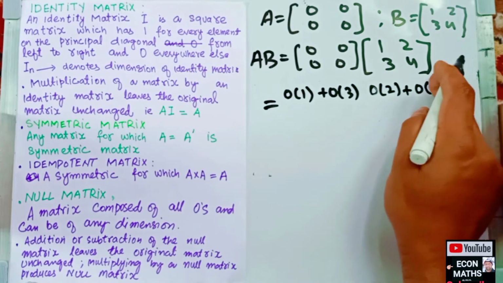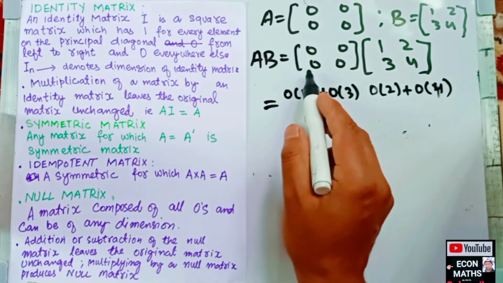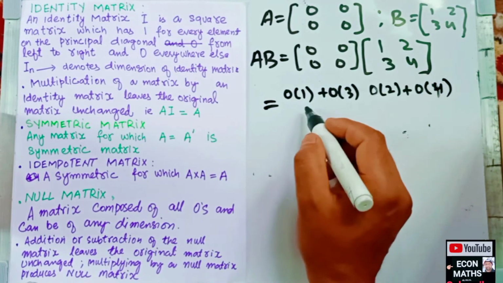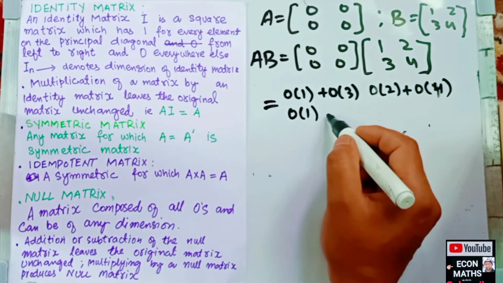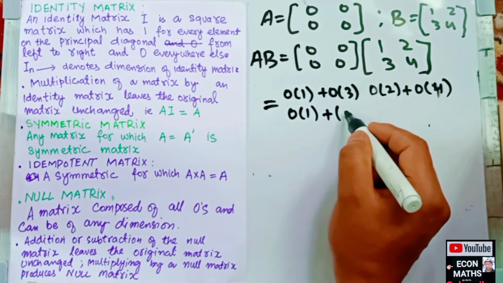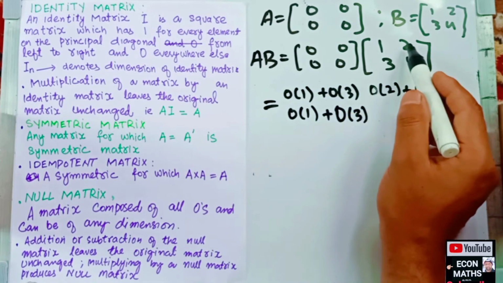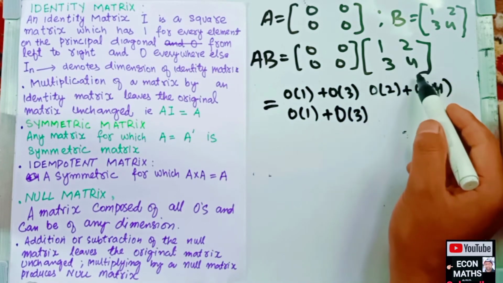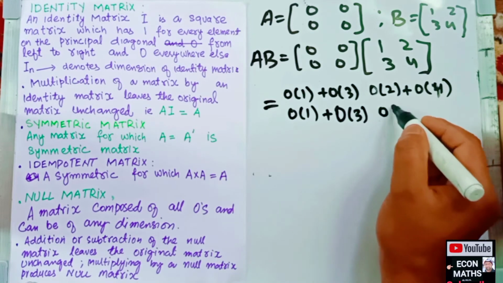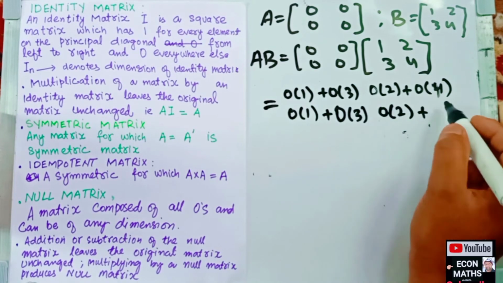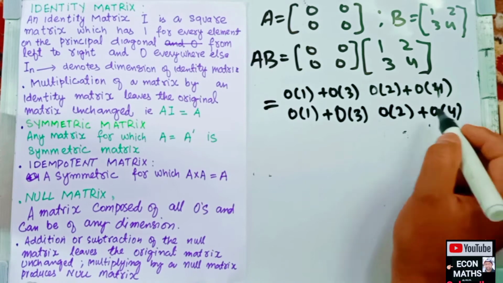Second row, first column, that is 0 into 1 plus 0 into 3. Second row, second column, that is 0 into 2 plus 0 into 4.